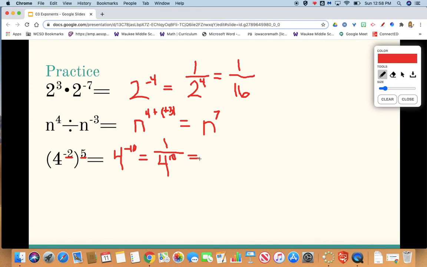Grab your calculator to tell me what 4 to the 10th would be. I'm going to grab mine. 4 to the 10th power is a very large number, 1,048,576.